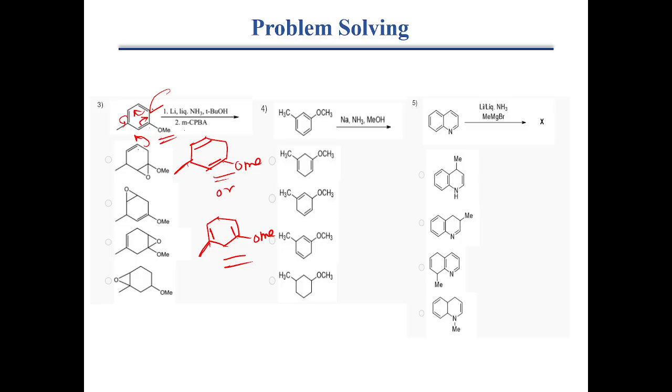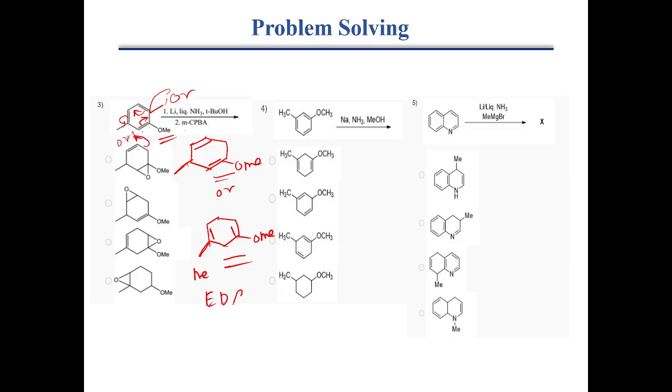There are two possibilities. This is also an ortho position, and this is also an ortho position. So the first one gives this one and the second one gives this one. But what is the major product? It will form this one because methyl is also an electron donating group.